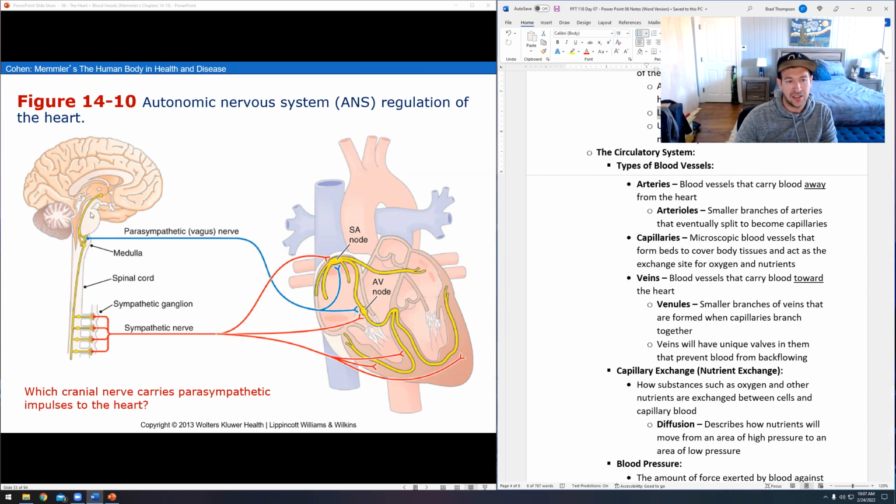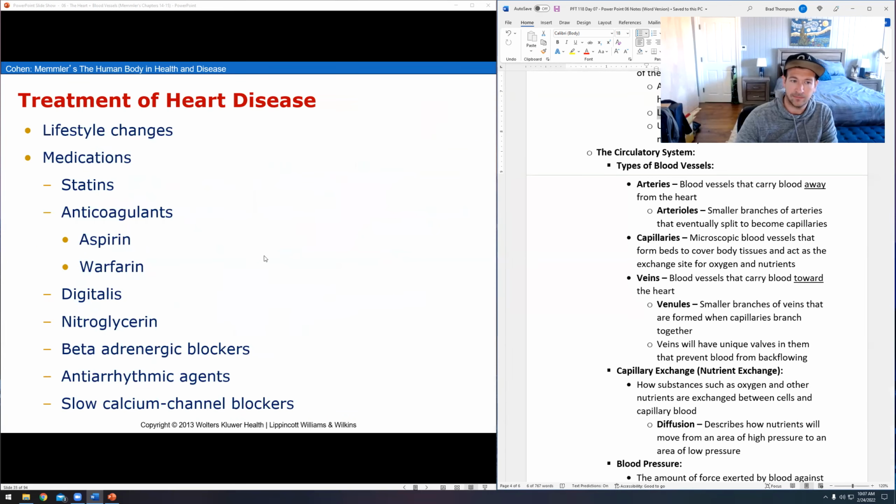So there's your brain, the parasympathetic part of your nervous system, interacting with all of these various nodes, telling what chambers to speed up and what chambers to slow down. Obviously, we do have a lot of diseases associated with the heart, and we need to be able to treat those diseases. Some of the best ways to do it is to train the heart, right?